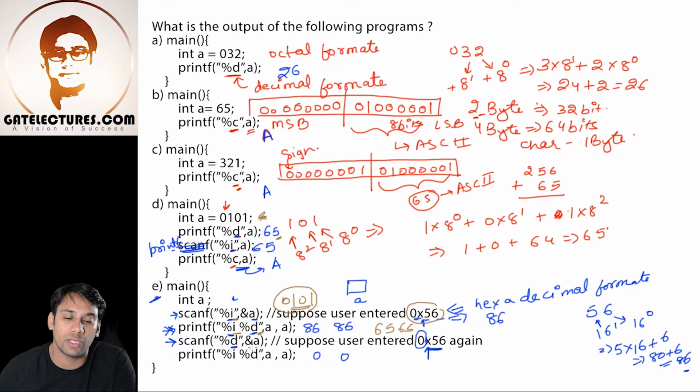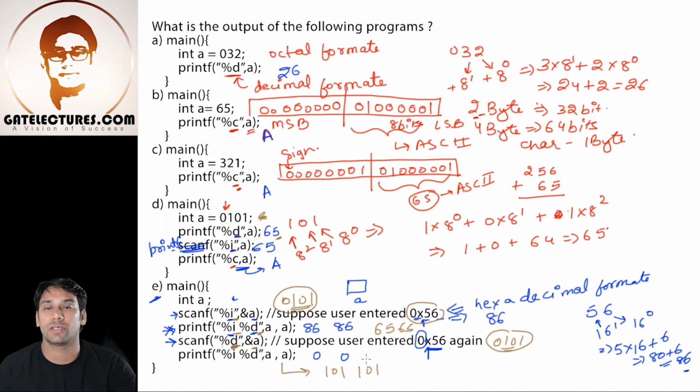But if we scanf the variable A with the %D, and the user has entered the number 0101, the user has entered a number starting with 0, but %D is going to assume that this number is a decimal number. So now in this case the output will be 101 space 101. Okay, so this is the difference between the %I and %D. Make sure you don't skip this part.